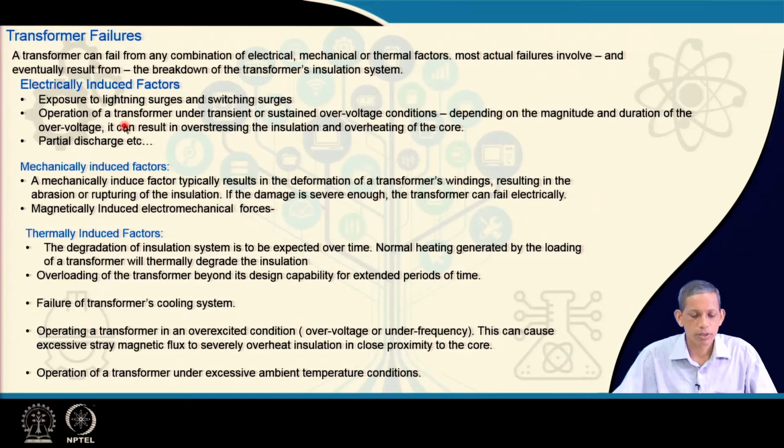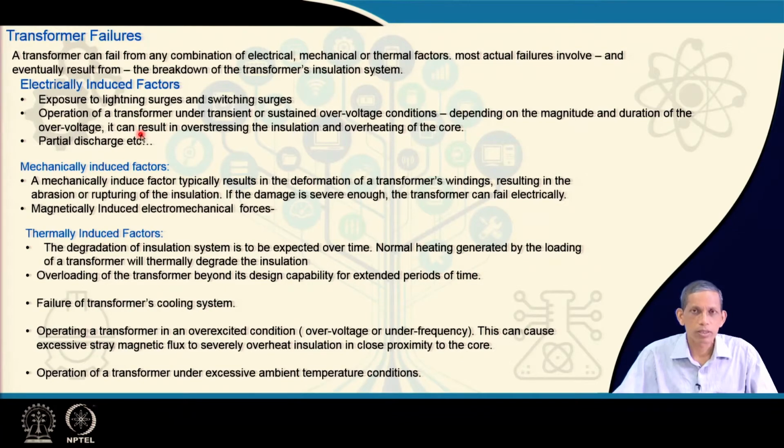Operation of transformer under different transients or sustained overvoltage condition leads to stress in the transformer winding, and that may lead to insulation failure also. Partial discharge and the associated corona may lead to slow degradation and finally result in a permanent fault also.